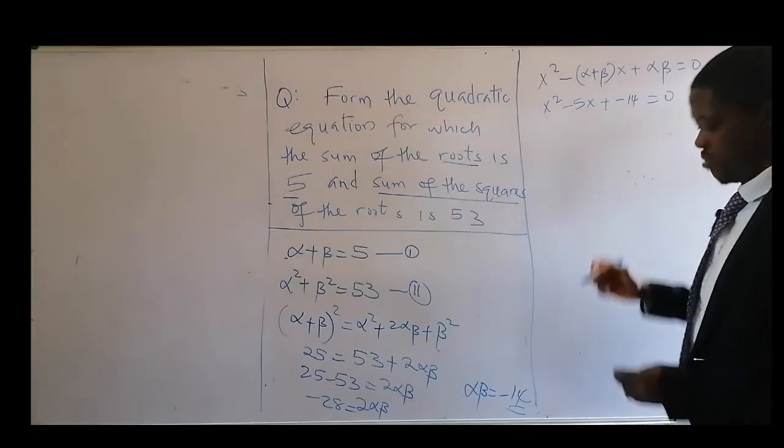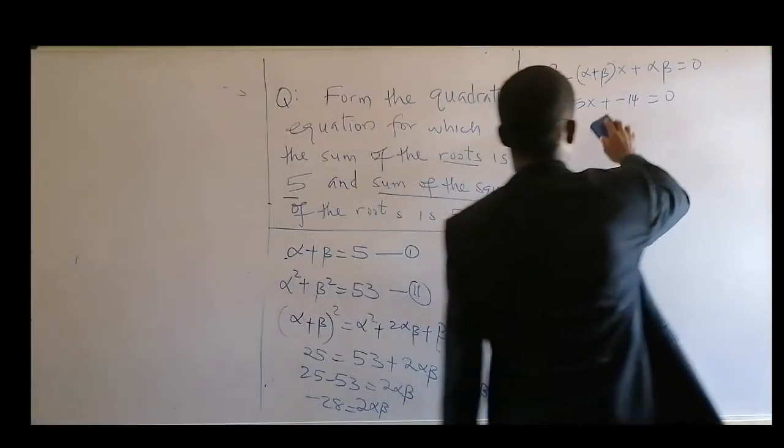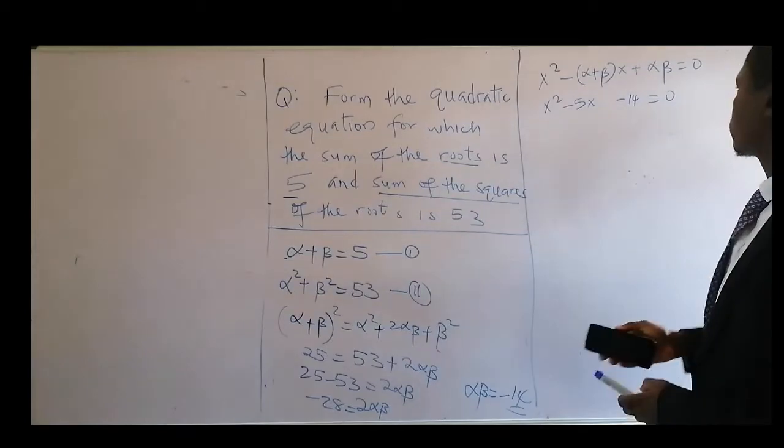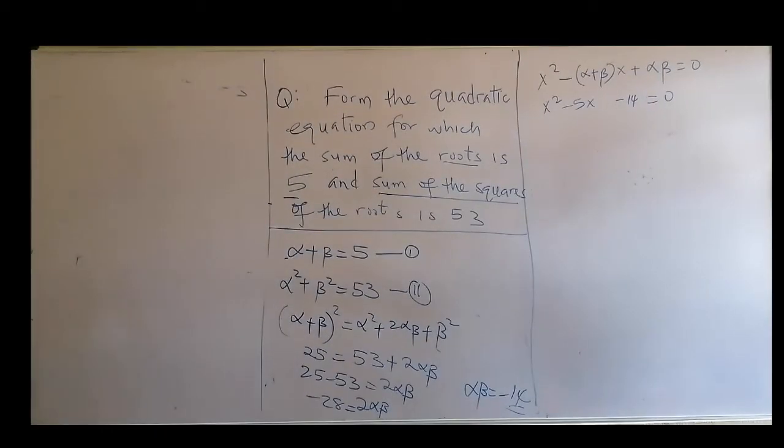So x squared minus 5x minus 14 equal to 0. So that's that on that question. Let's take one more question.